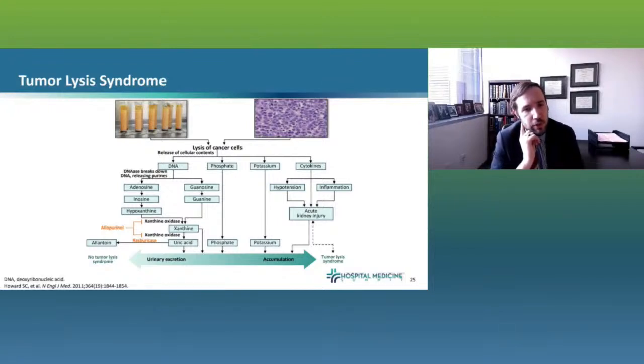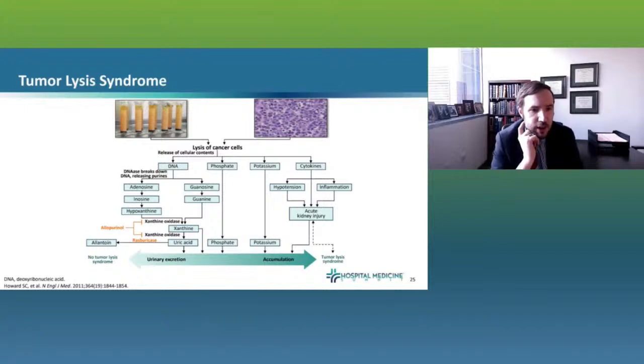So, just reviewing pathophysiology here without getting into too much detail. We know that when these cells lyse or break, they release entities that are toxic to the body in excess, specifically DNA, electrolytes, phosphate, potassium, and cytokines.